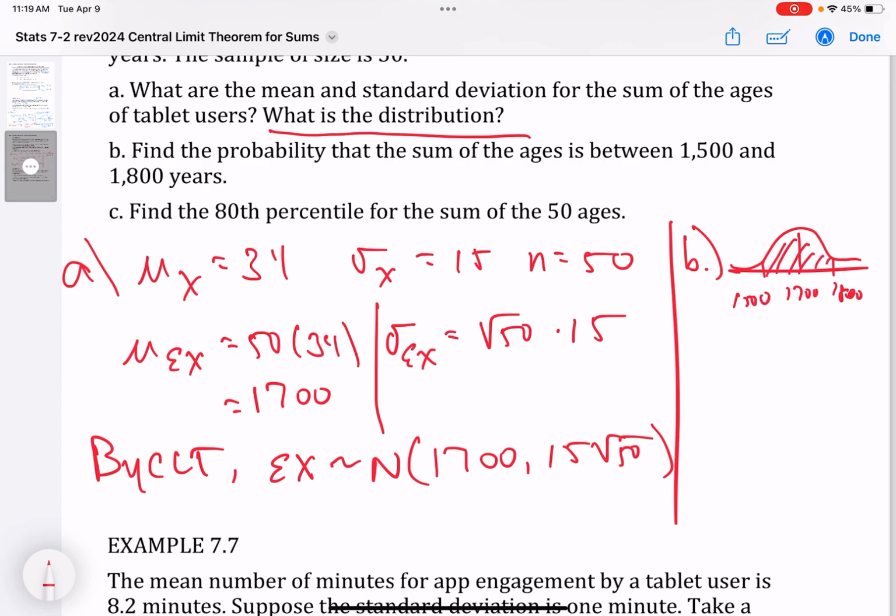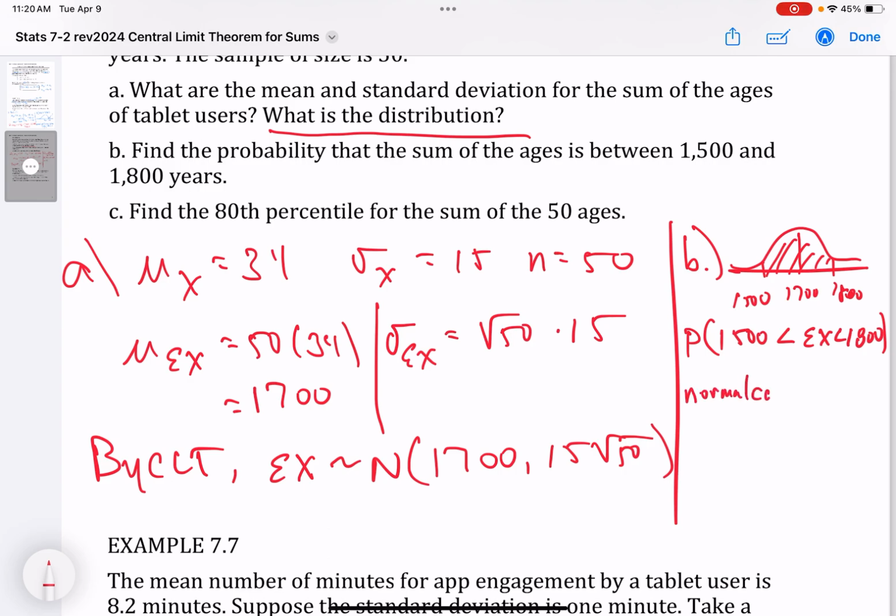This is what we're trying to find in through here. So we want the probability that the sum of the x's is in this range.